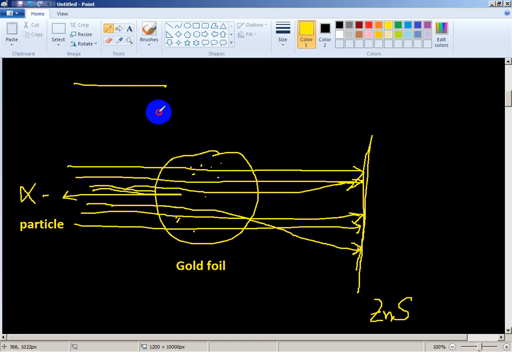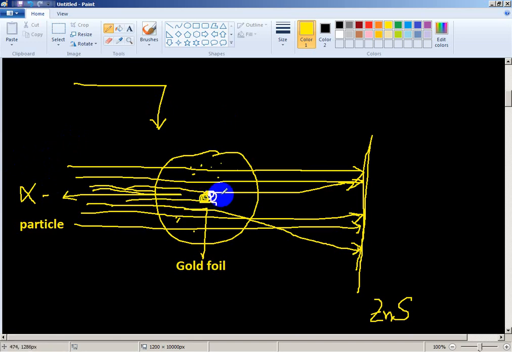If it were deflected 90 degrees, this angle is 90 degrees, but it is deflected 180 degrees. So at the center of the atom something is present.